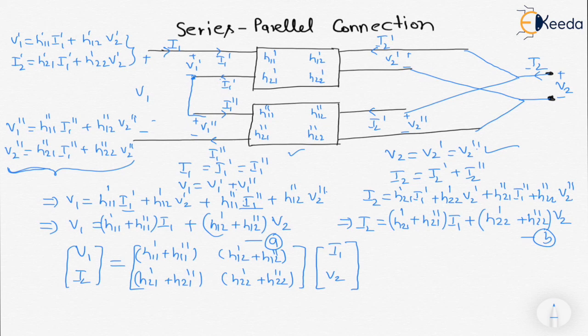So whenever there is a series parallel connection and you have the hybrid parameter values, then simply add those values, and that gives the series parallel connection.